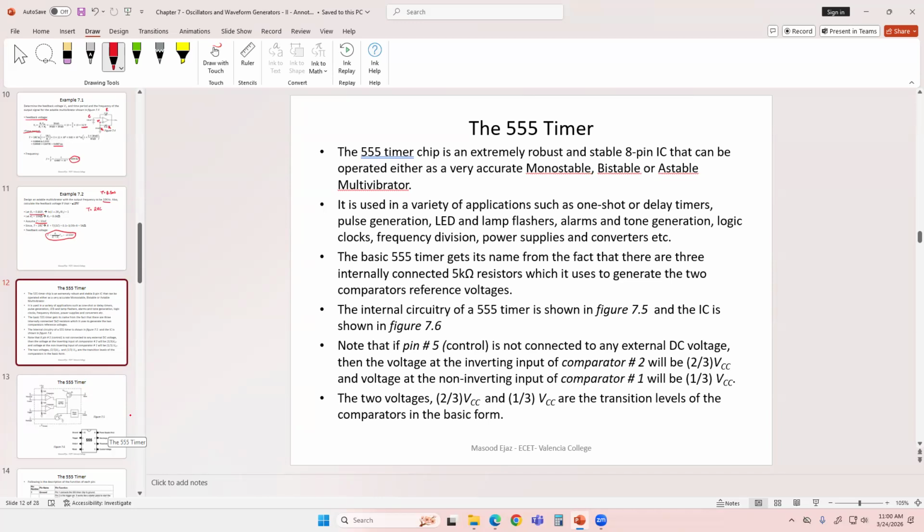Again, it's a very simple circuit that you can create to produce oscillations. So it can be used anywhere where different oscillations are required: one-shot circuits, delay timers, pulse generators, lamp flashers, alarms, tone generators. A lot of applications where the 555 timer can be used.